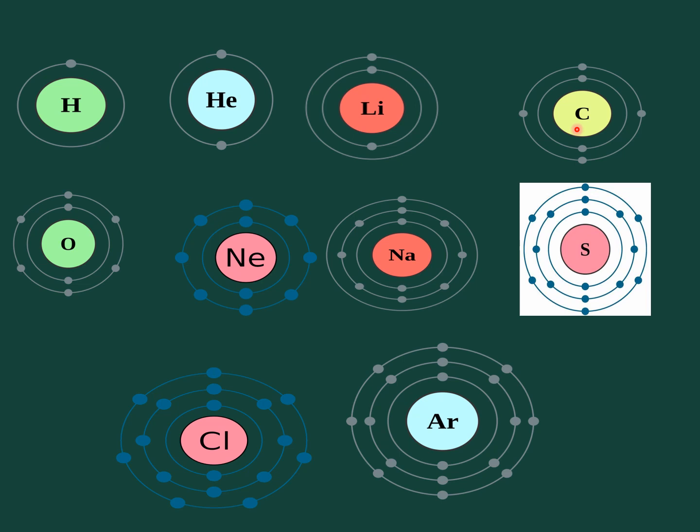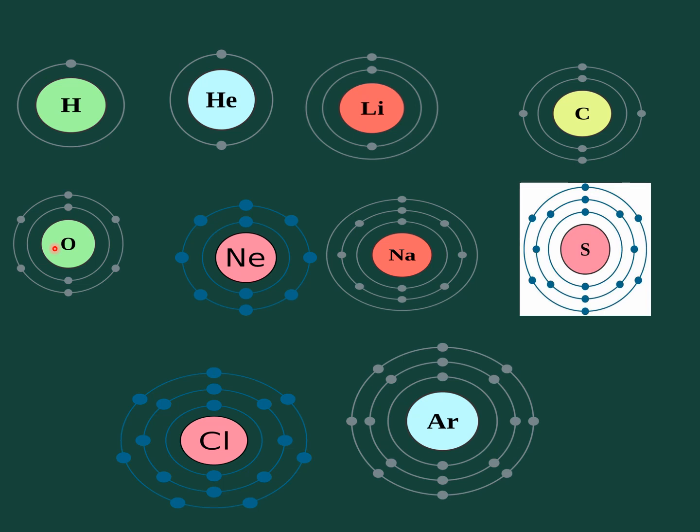Children, here you will understand why I told you that you have to remember the names of the elements serially. Because if you know the names of the elements serially, you can also know the number of electrons present in them. Coming to the next example, oxygen. Oxygen has 8 electrons: 2 in the first orbit and 6 in the second orbit.